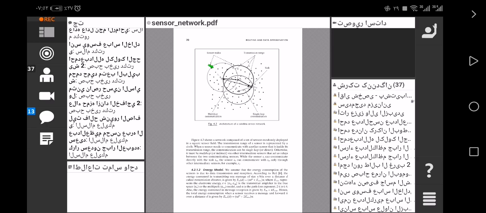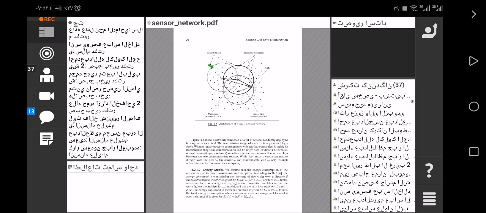SJ can send its data to SM directly, so we have a single-hop communication. But SK cannot send its data to SM directly, and should send its data using two hops.